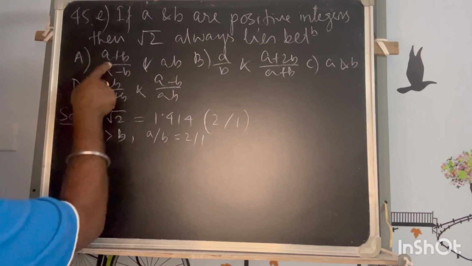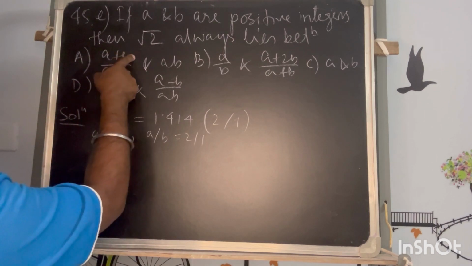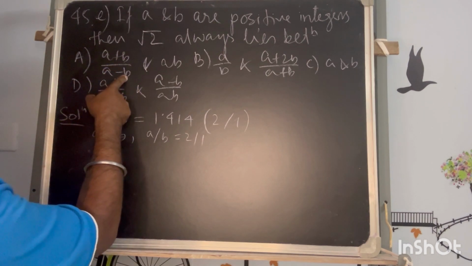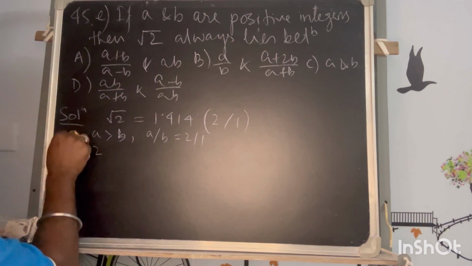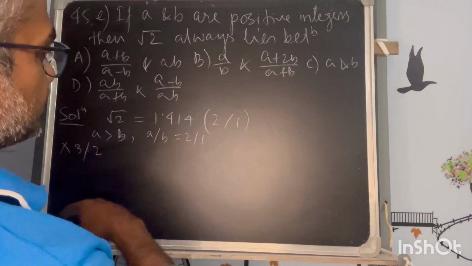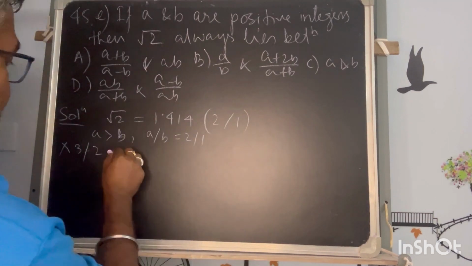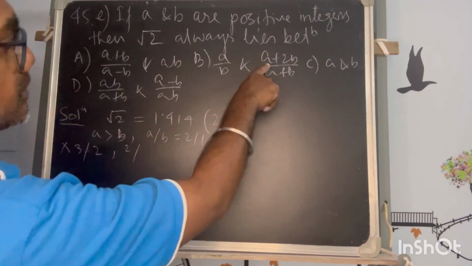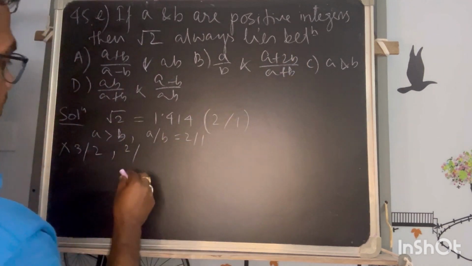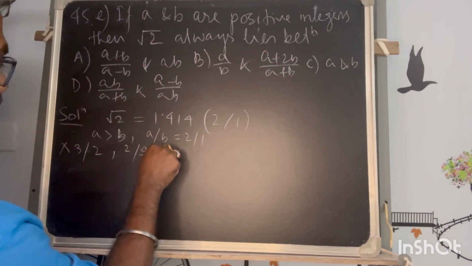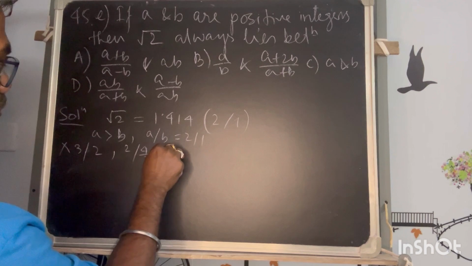If I check the first option, this is 2 plus 1, 3, and it is 2 minus 1, so this is 3 and this is 2. So this cannot be checked. Second option, 2 by 1 is 2, and the second expression is 2 plus 2, 4, and 3, so 4 by 3 is approximately 1.33.